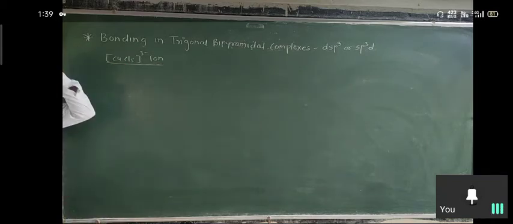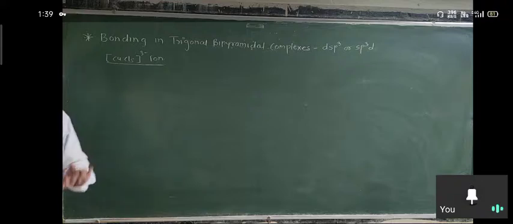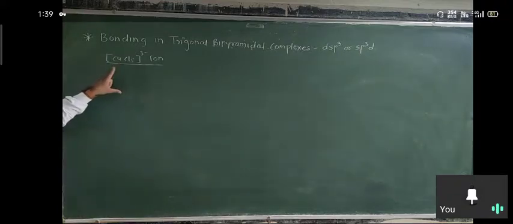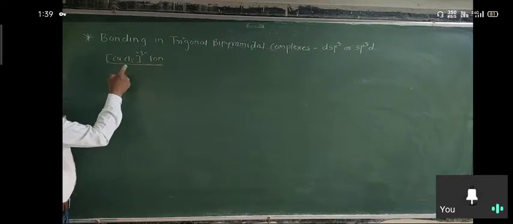Okay, again we are going to do the same. So here copper is present in the +2 oxidation state. Because the overall charge is -3 and the -5 charge comes from the ligands, copper has a +2 charge.